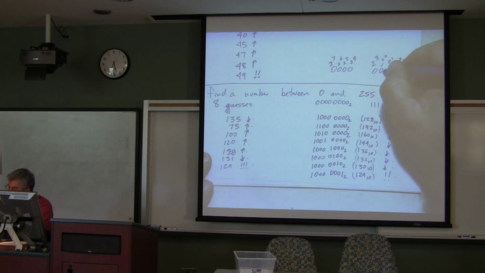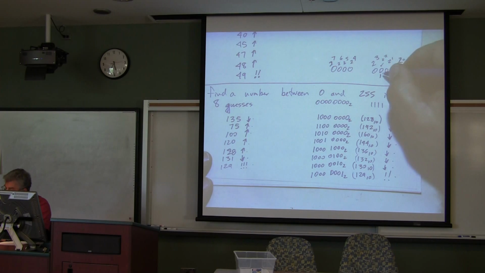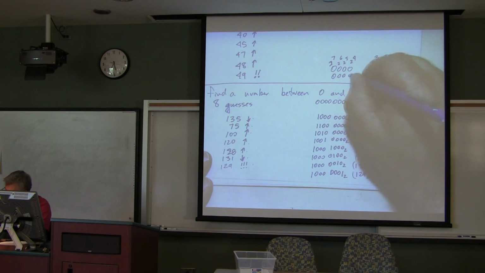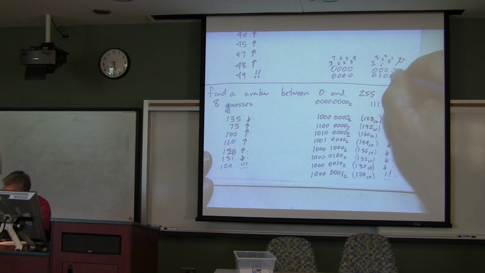Which means that if we have the number bit 1 in this position, 2 to the 4th is what value? So the equivalent of, in this case, 0, 0, 0, 0, 0, 1, 0, 0 is equal to 4 decimal.